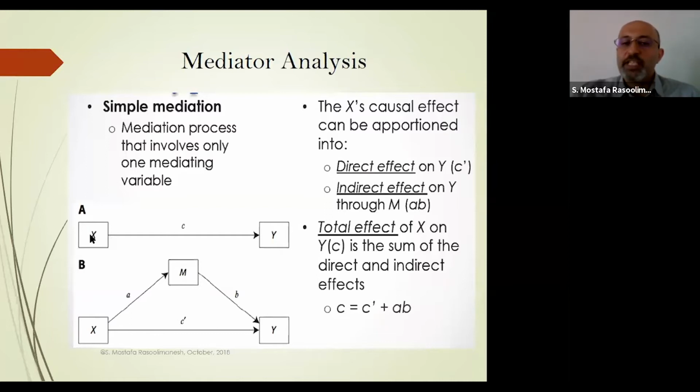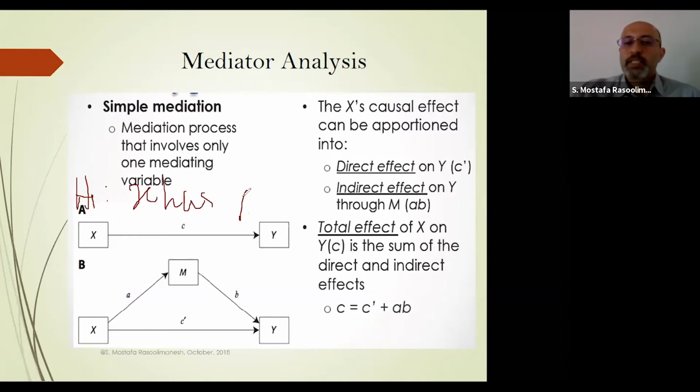When we have the effect of X to Y, what's the hypothesis? For example, H1: X has a positive effect on Y. So this is a hypothesis. We have to support this hypothesis by theory and previous studies.